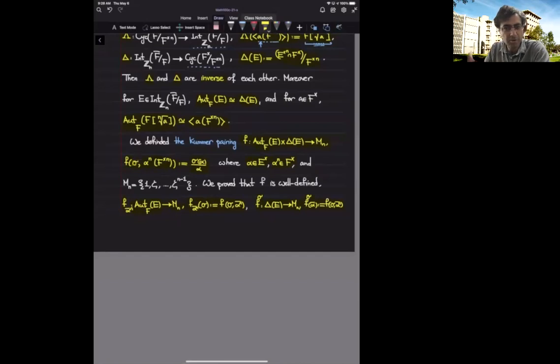So that's part of saying that it's a pairing. A pairing of two abelian groups is such a function, where the codomain in general should be inside S1, the group of complex numbers that have norm 1.